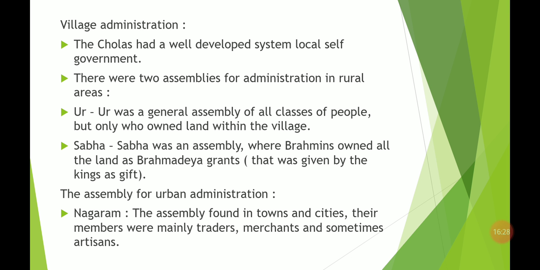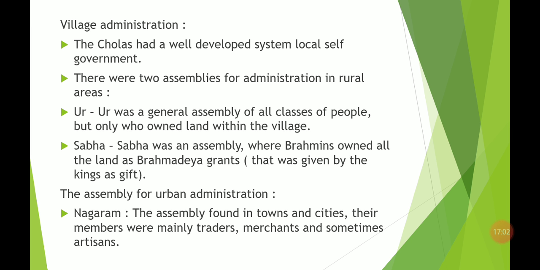The gift that was given to those Brahmins was known as Brahmadeya. It was the gift given by the rulers of that empire, and only those who are on the land gifted by the king are able to take part in the Sabha assembly.